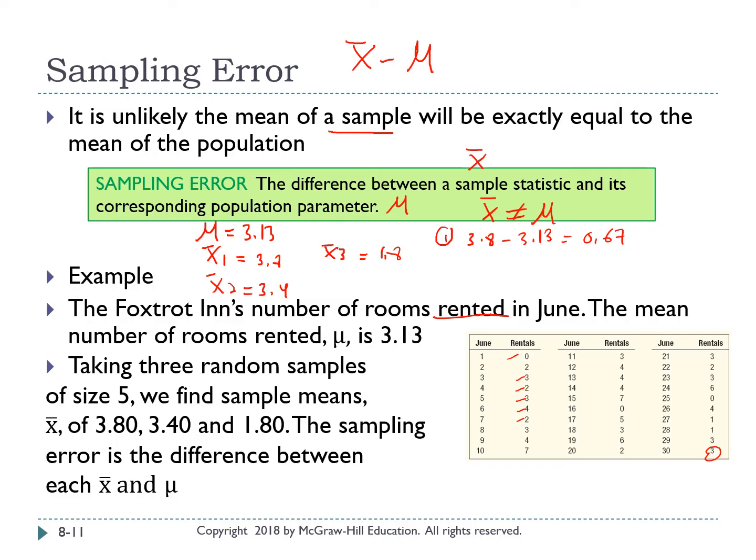This is the value of your first sampling error. Second, if you want to compute the second sampling error, your X bar is 3.4 minus your population mean 3.13. This should give you the value of 0.27. And you can also compute for the third X bar to get the new sampling error. Okay?